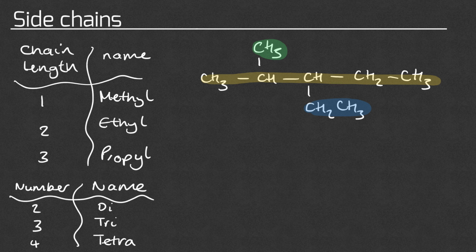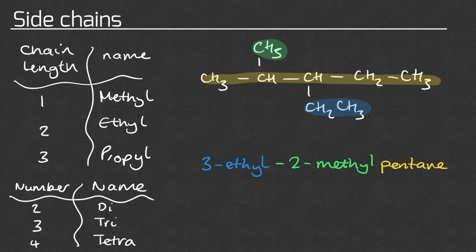The ethyl group is on carbon 3, ethyl because it's got 2 carbons in it. The methyl group is on carbon 2. And there are 5 carbons in the main chain, so the name would be 3-ethyl 2-methyl pentane.